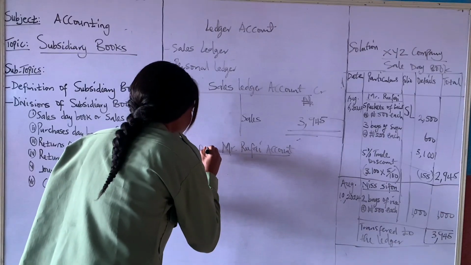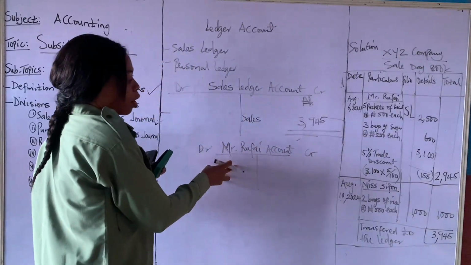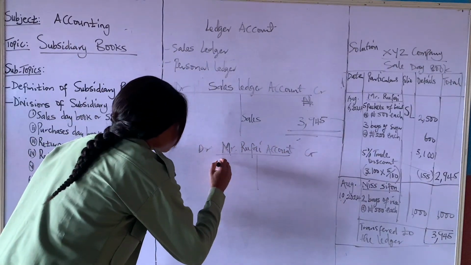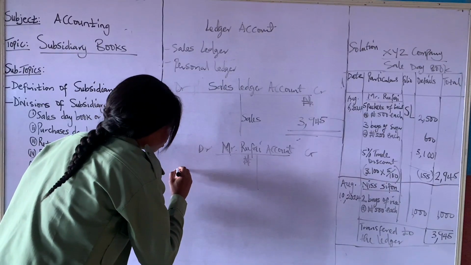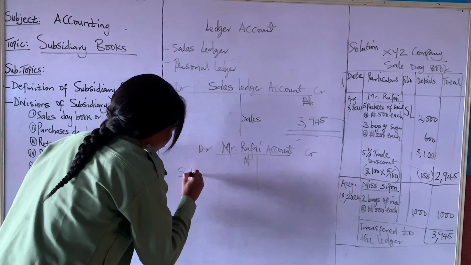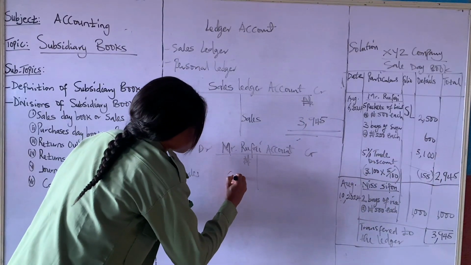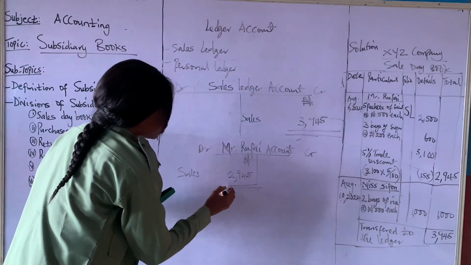This is the debit side and this is your credit side. You are going to debit this account because Mr. Rufai received those items. And how much was it? Remember, this is sales, 2,945 naira. Okay, this is how it will be.